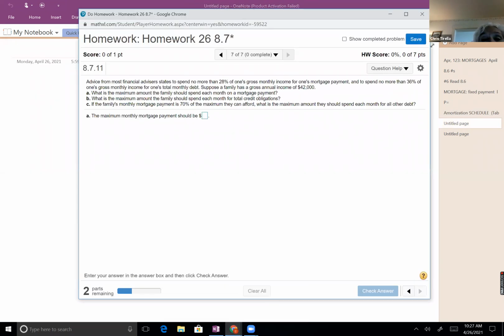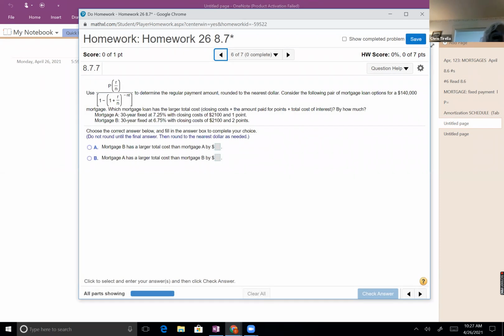The first one, question number 6, says, use the amortization formula to determine the regular payment amount rounded to the nearest dollar. Consider the following pair of mortgage loans options for a $140,000 mortgage. Which mortgage has a larger total cost?